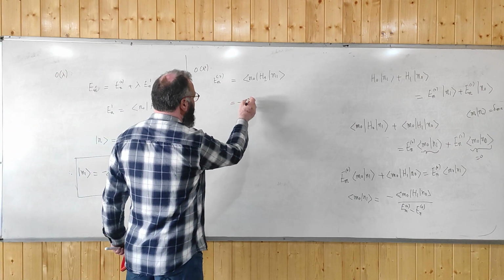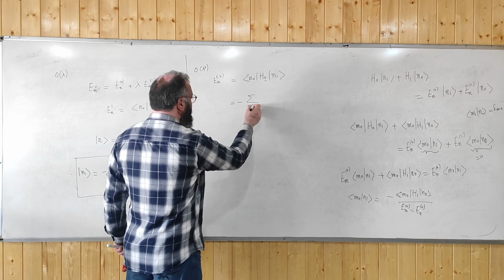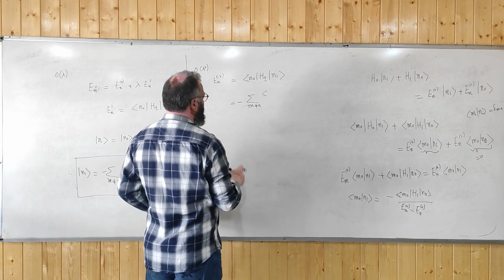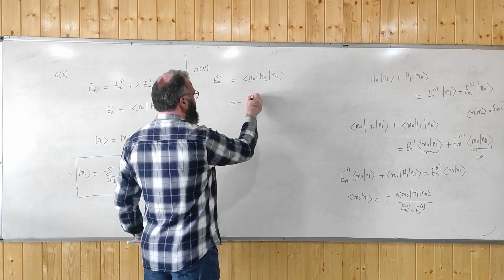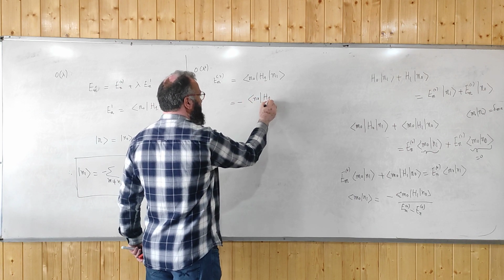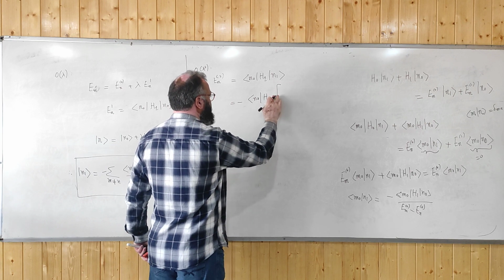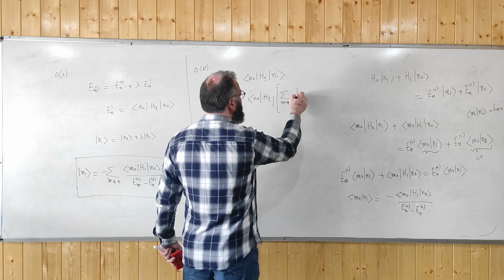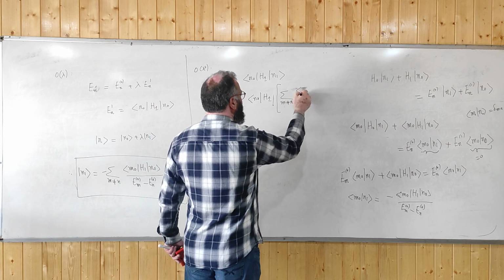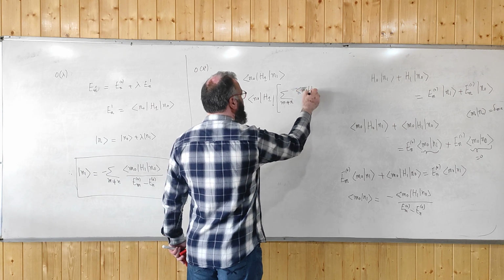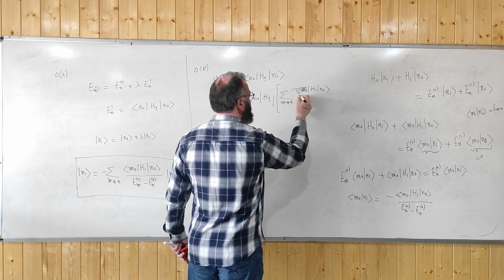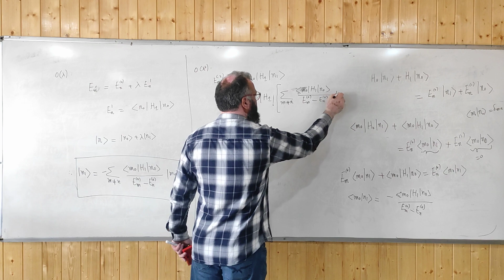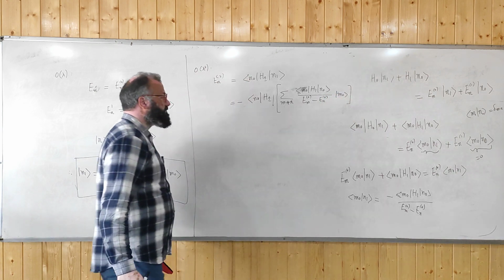So you will be getting minus summation over m not equal to n. Let me first write this <n0|, then you have this H1, then you have this summation over m not equal to n, then you have |m0><m0|H1|n0> divided by Em0 minus En0. Clear?